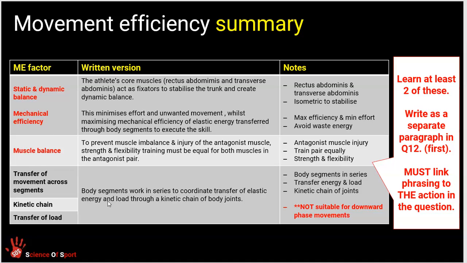If it's about holding a position, they're not appropriate because it's talking about movement. And if it's a downward phase, it doesn't make sense either. So if you've got hitting a tennis ball or serve or bowling or kicking a ball, this would all work perfectly. If you know it, add it, but not for any held static position and not for downward phase movements.